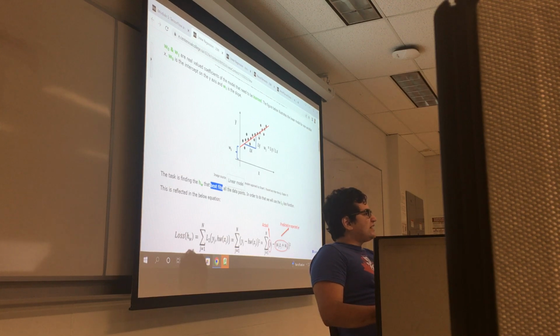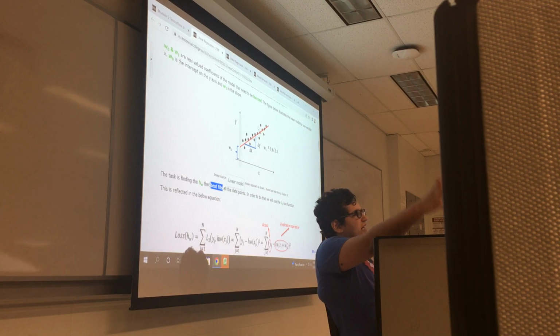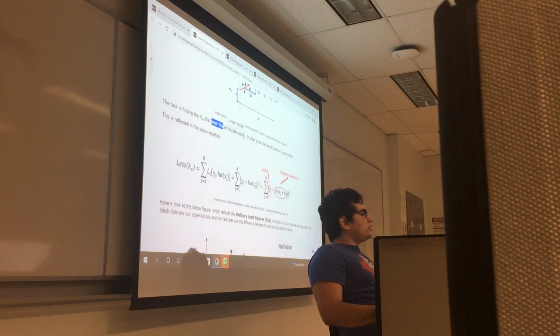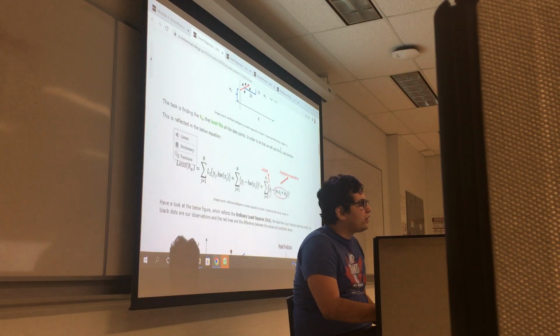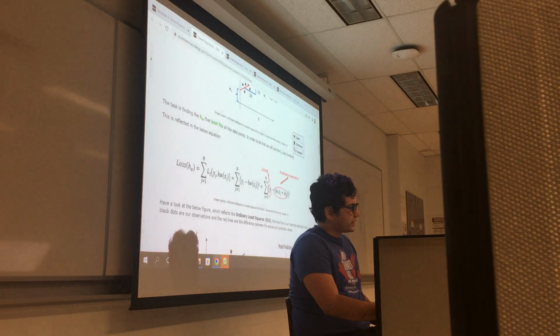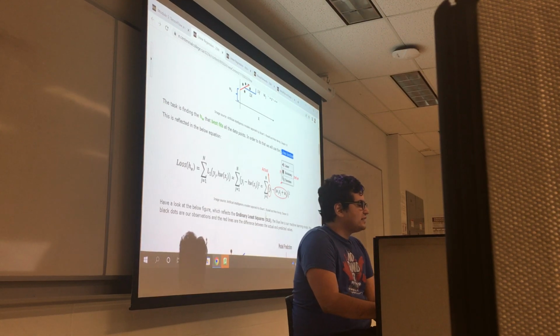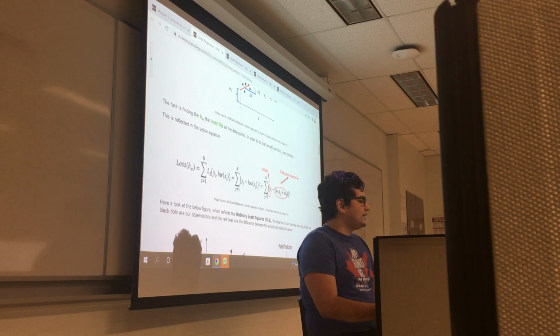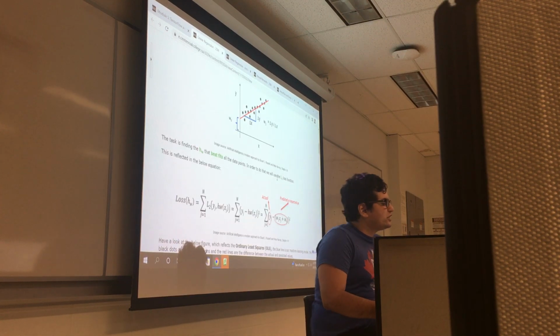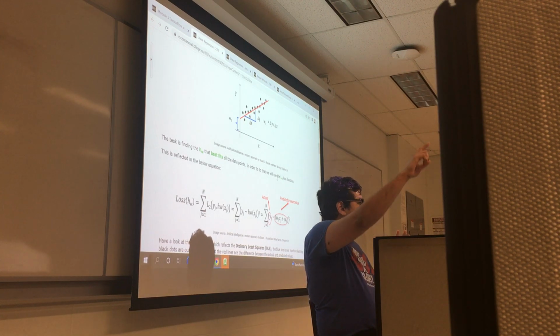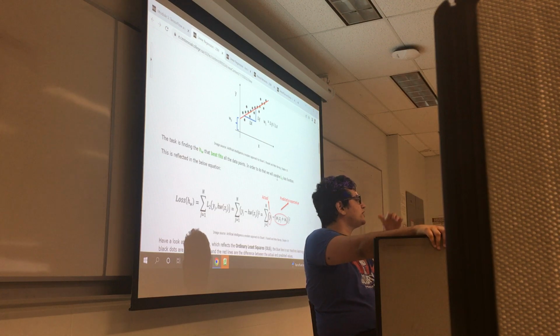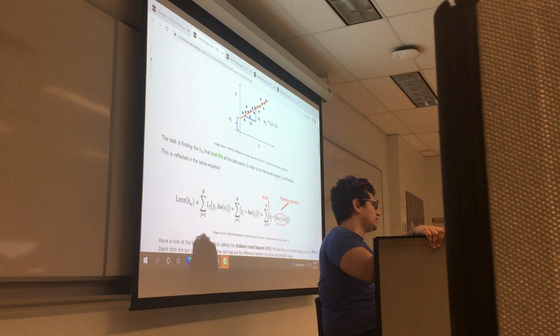In order to do that, we need to know what is error and what is not error, right? So they came up with this equation here. This is what we call the loss function, okay? And what this equation is doing is trying to define the amount of errors that our prediction, our line, is having according to the data points from reality, okay?